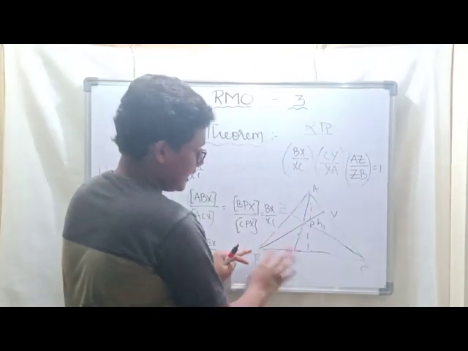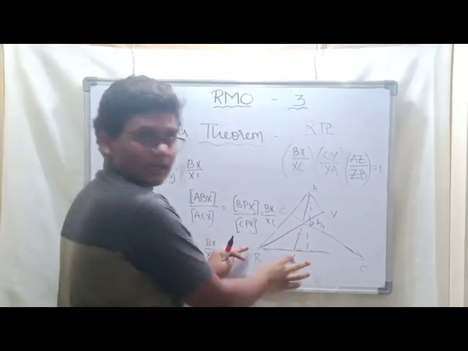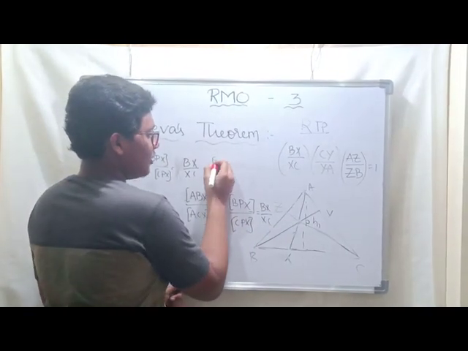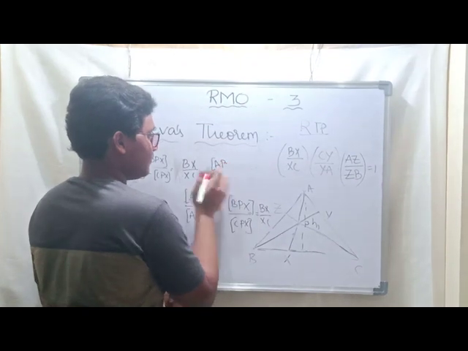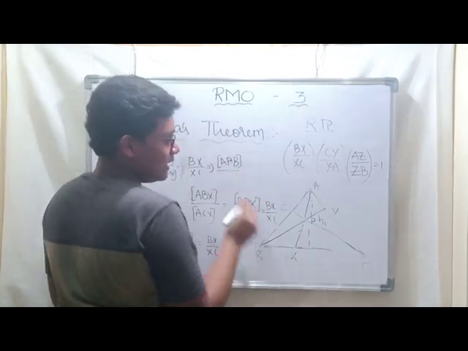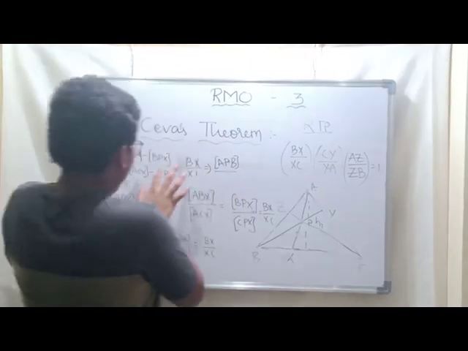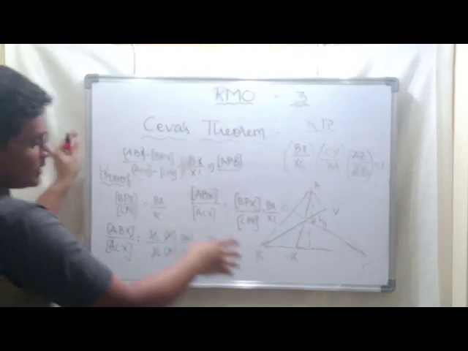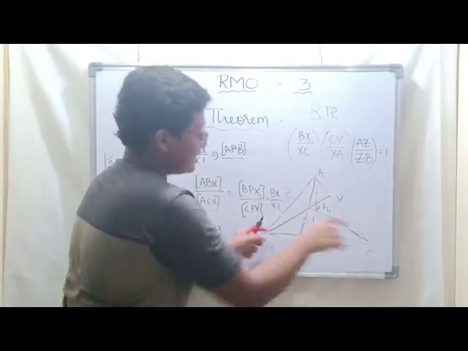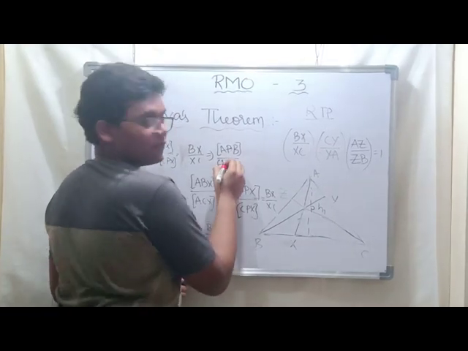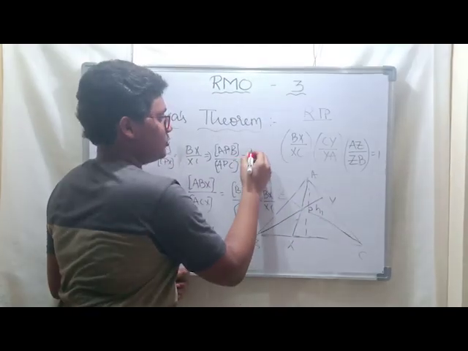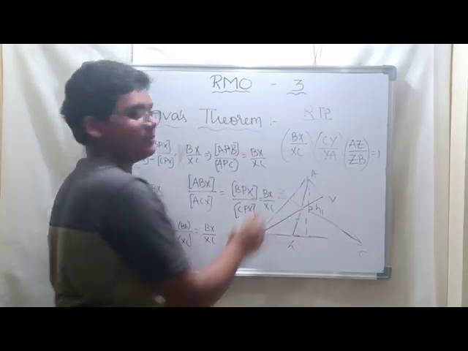ABX minus BPX means area of triangle APB, by ACX minus CPX, which means area of triangle APC, is equal to BX by XC.